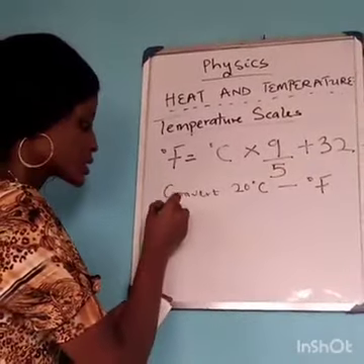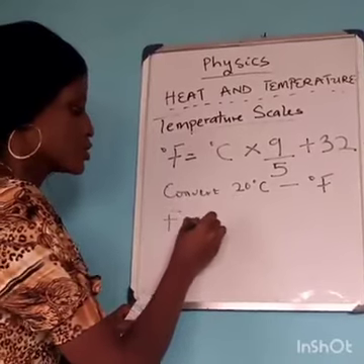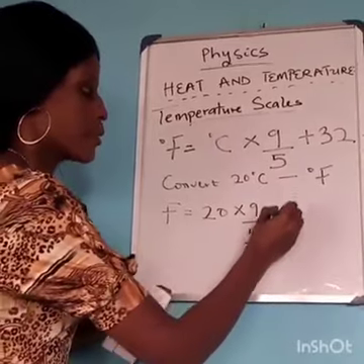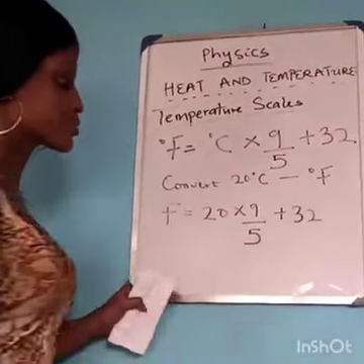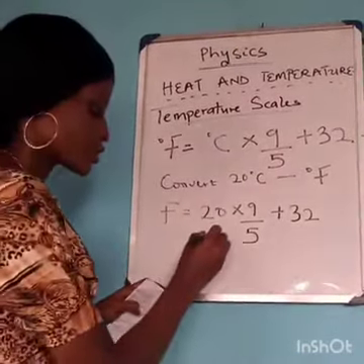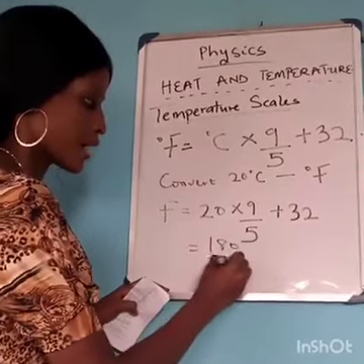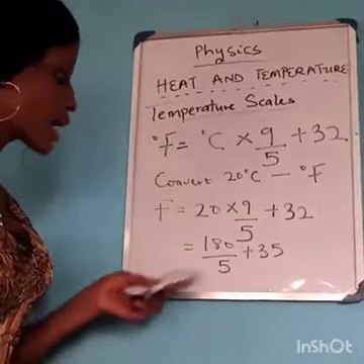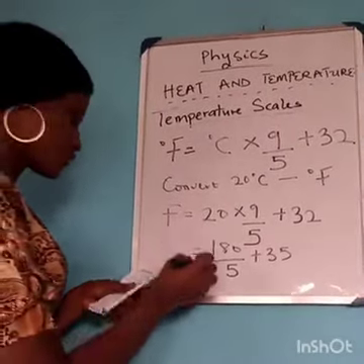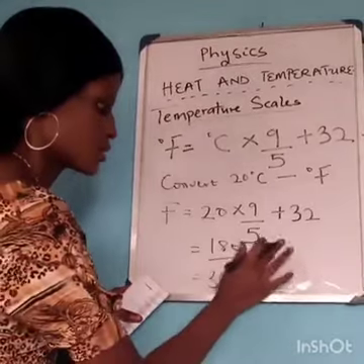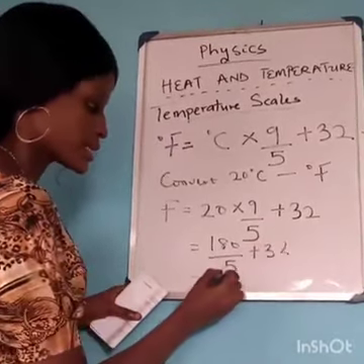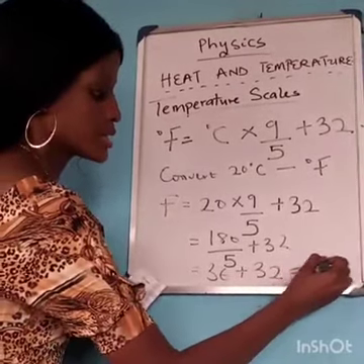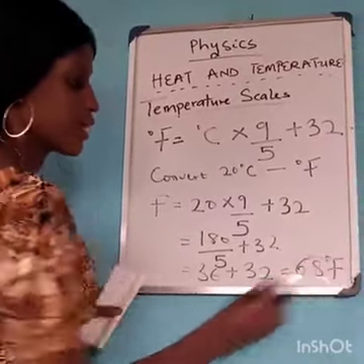So we are left with F equals 20 times 9 over 5 plus 32. 20 times 9 will give us 180 over 5 plus 32. The next thing is 180 divided by 5, which will give us 36 plus 32, which equals 68 degrees Fahrenheit.